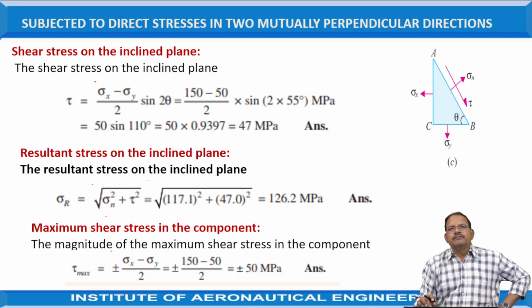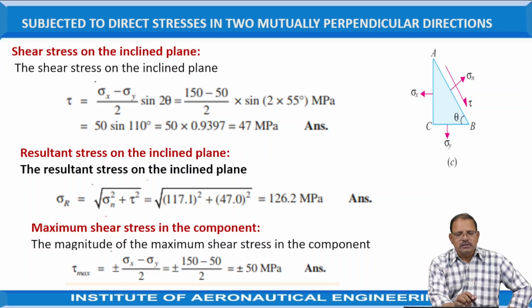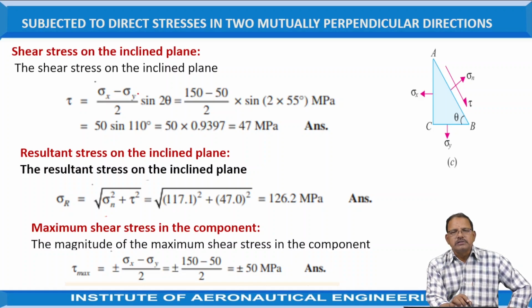The shear stress on the inclined plane is tau equal to (sigma x minus sigma y)/2 into sin 2 theta. From this relation, (150 minus 50)/2 sin (2 into 55 degrees), which is 50 sin 110 degrees.